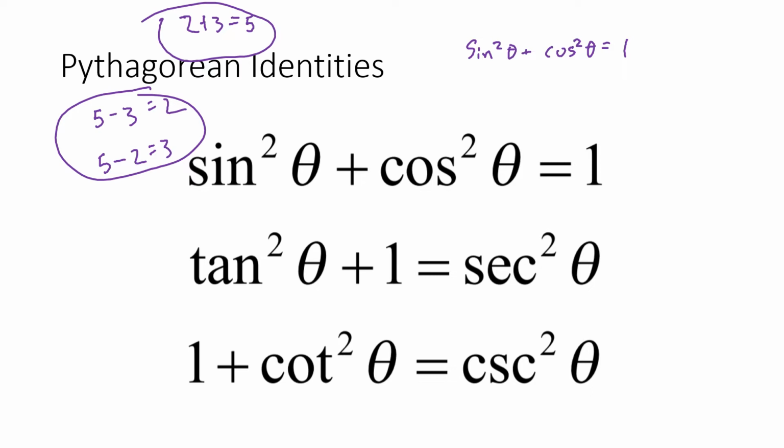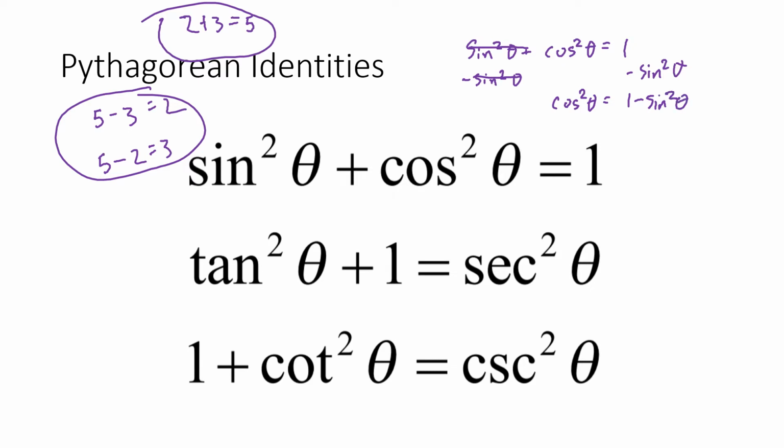So if I wanted to, let's say I subtracted sine squared from both sides just to rewrite it, one way that I could rewrite it is I could say this relationship basically says that cosine squared is the same as 1 minus sine squared.